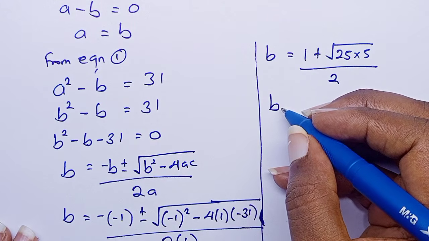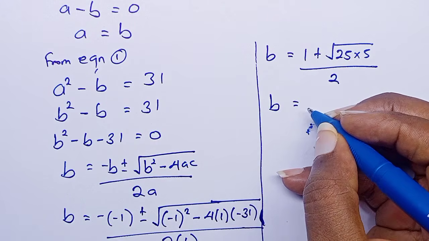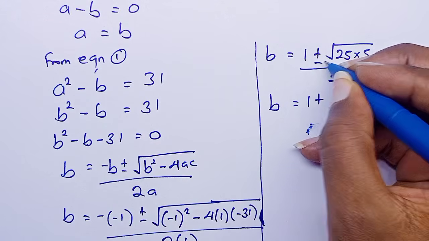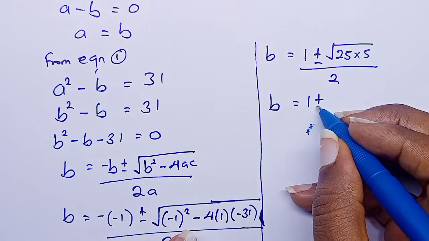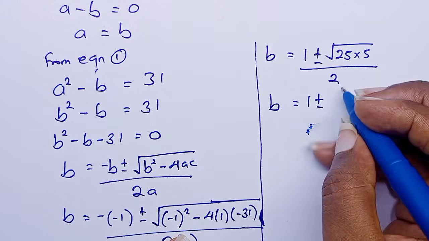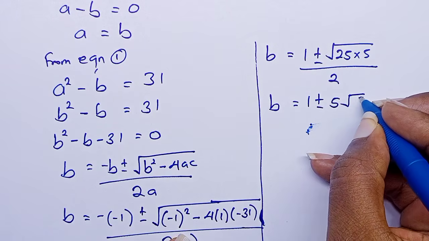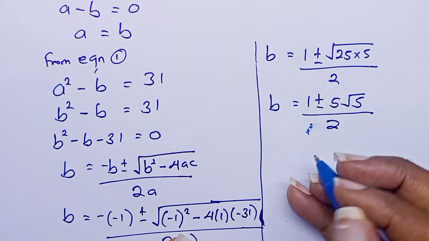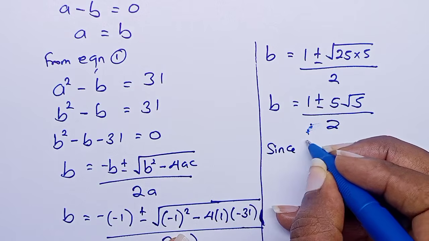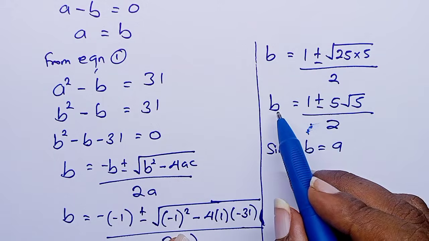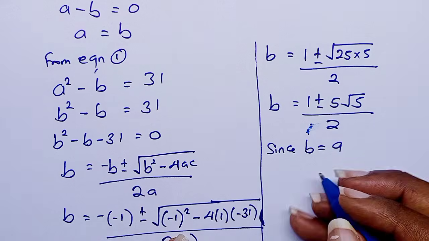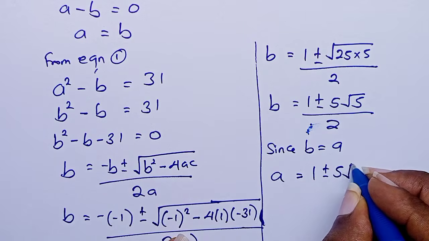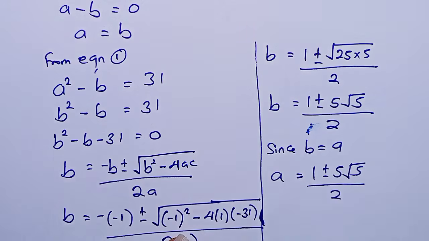So b will be equal to 1 plus or minus square root of 25, which is 5, so 5 root 5 over 2. Okay, now since b is equal to a, so our value of b is that, and also our value of a is 1 plus or minus 5 root 5 over 2.